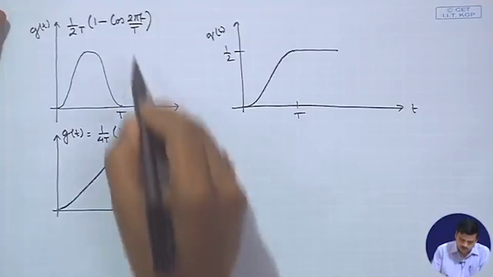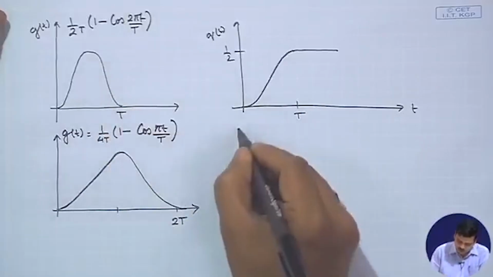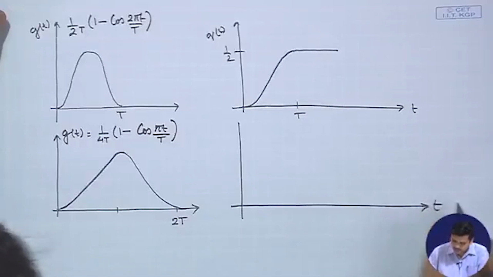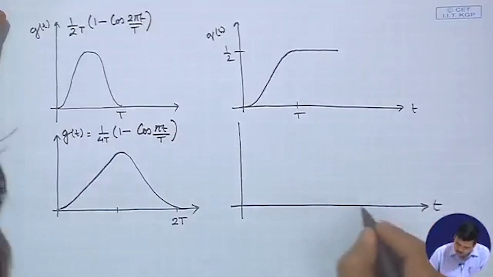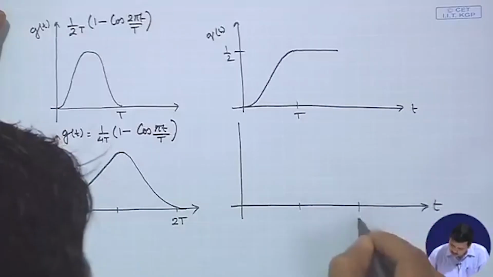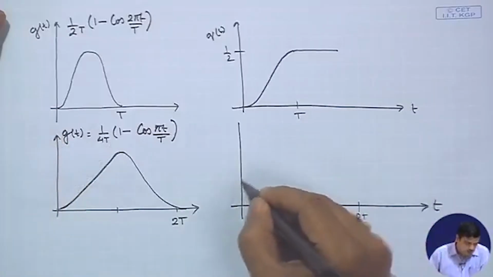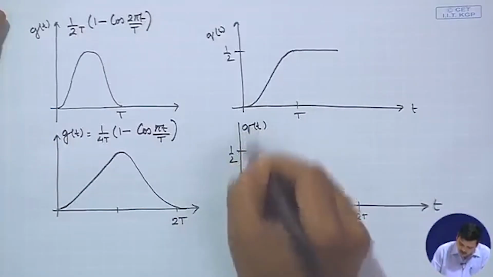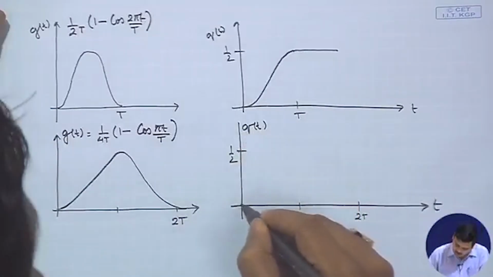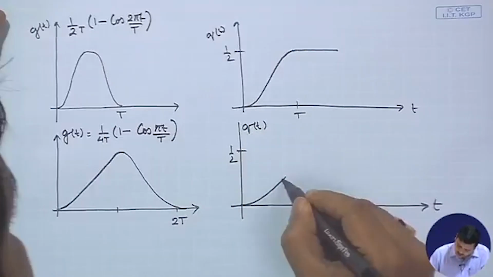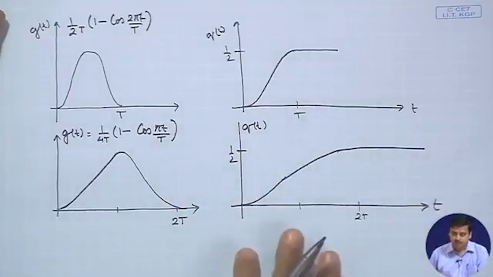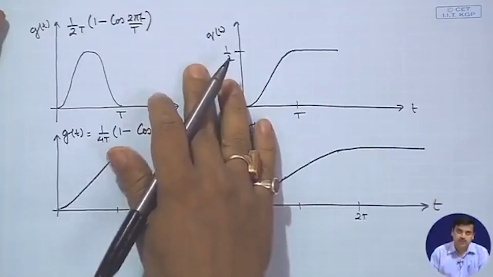Because you have a 2T, this 2 cancels out, and your q(t) would look like, up to 2T, and the value would of course be the same as half as we did before, and here the rise of q(t), because you are doing the integration, would go like this. So, this is a partial response, this is a full response signaling, right.